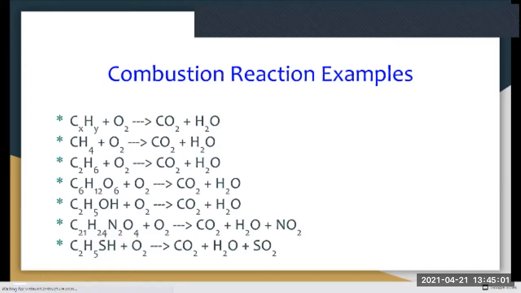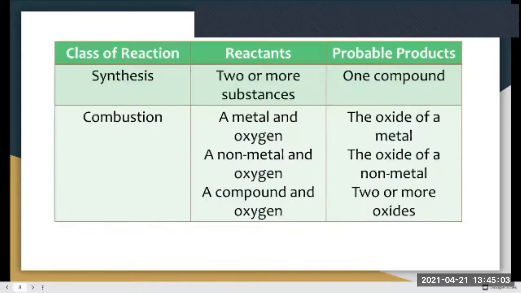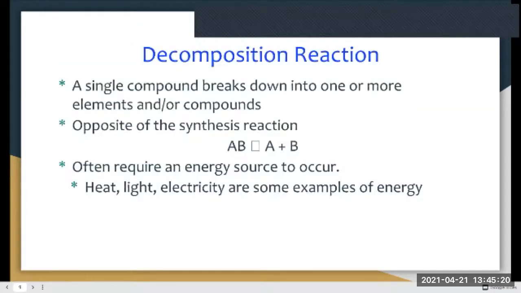Okay, so now let's talk about our table again. So remember, synthesis has two or more substances that make one compound. Your combustion, you're mixing things together with oxygen. You get carbon dioxide, water, and then a potential oxide of something else. But now we can talk about decomposition reaction. This is when a single compound breaks down into two or more elements or compounds. So it's the exact opposite of synthesis.